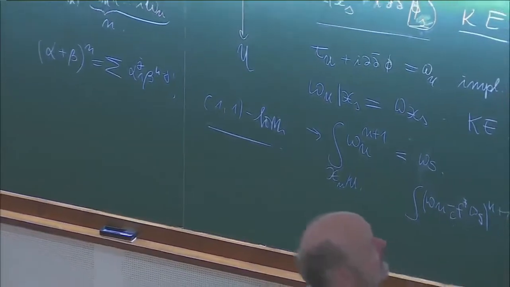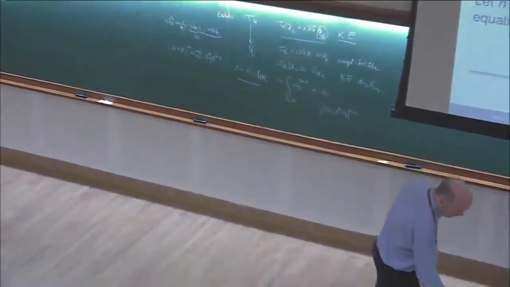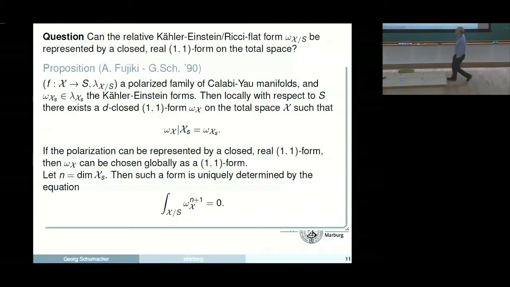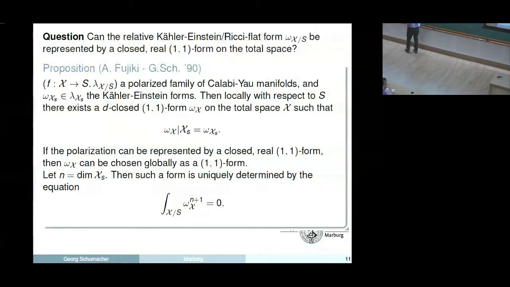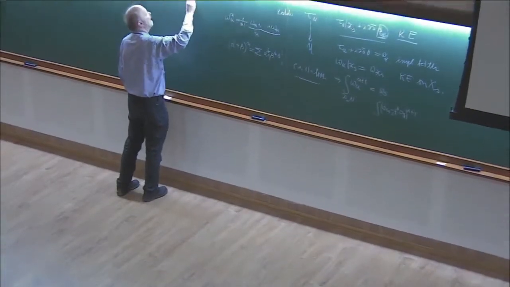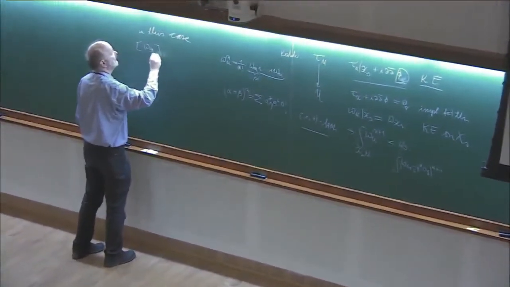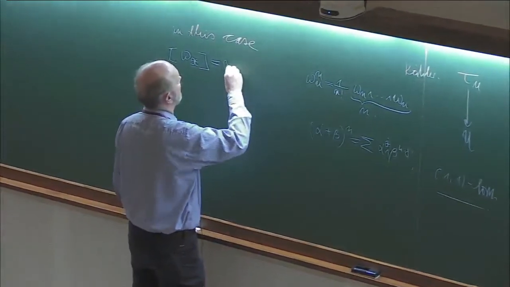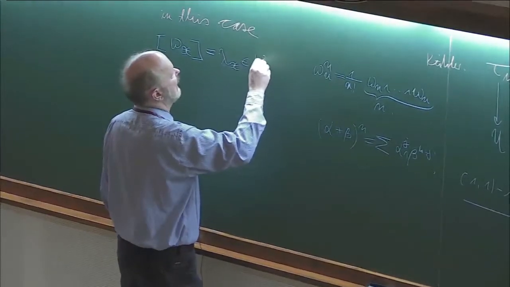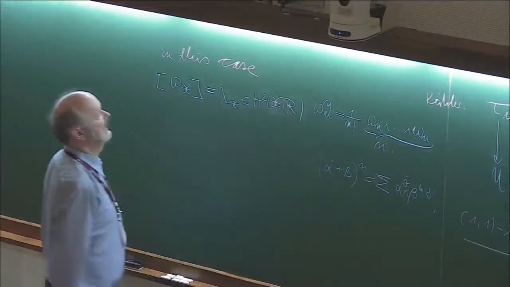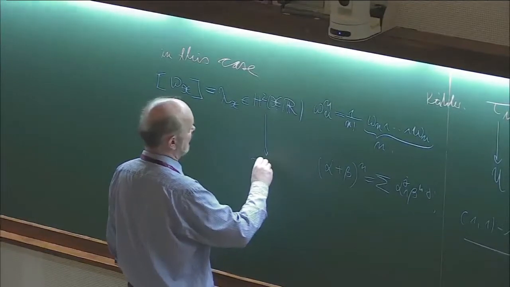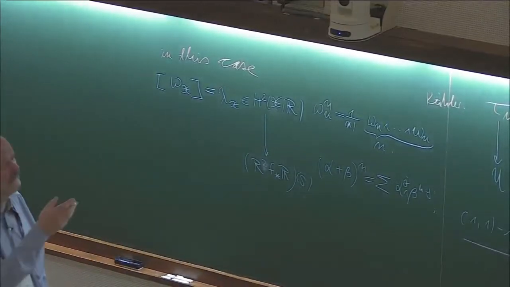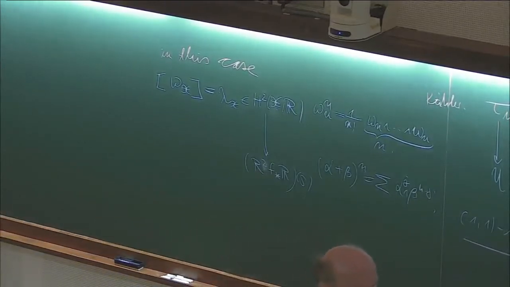Okay, but this situation tells us that the polarization under such an assumption is the following, namely, the class of this one here will be some, say, lambda x in H2 of X, R. And of course, this gives us some element in R2 f lower star of R of S. So this is not an arbitrary polarization, but one that is flat.